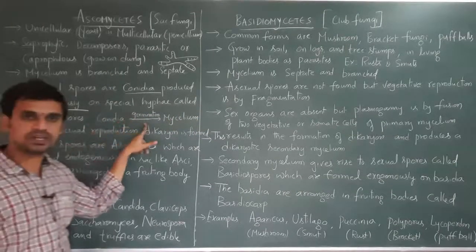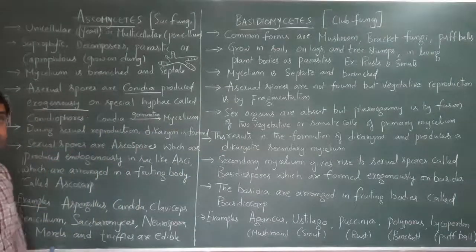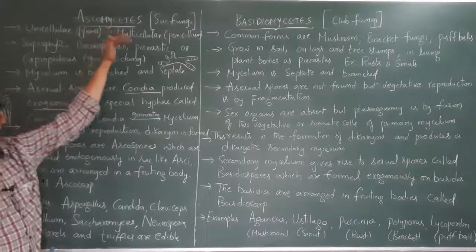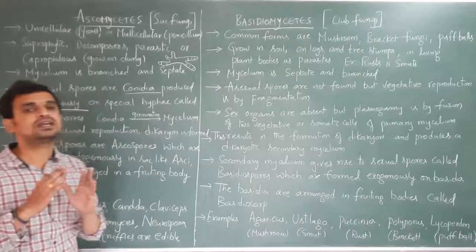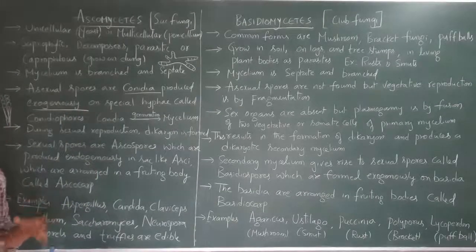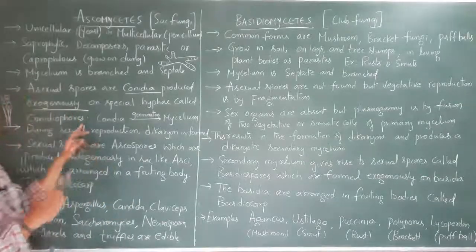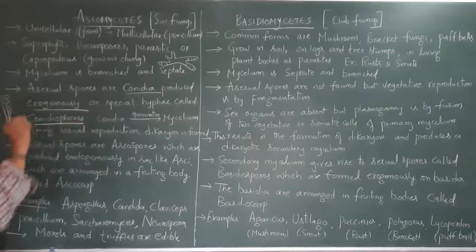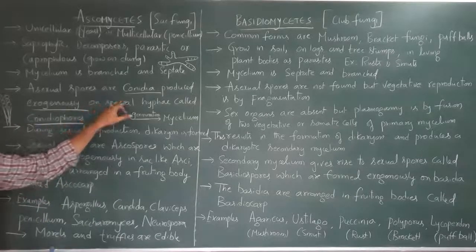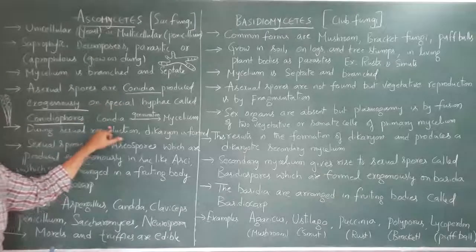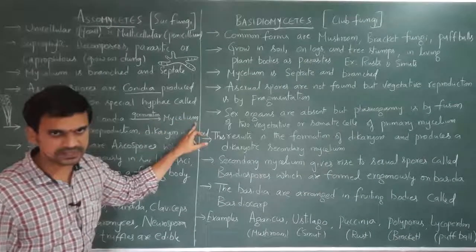Conidiospores on germination give rise to mycelium. This is how the asexual reproduction takes place in case of ascomycetes. Conidiospores are formed on the special structures called conidiophores, and on germination give rise to mycelium.